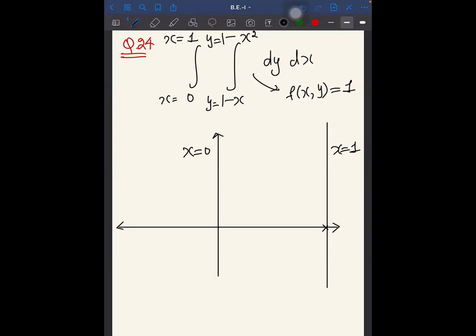Now, we want to find out this. That means this is a line which becomes x plus y is equal to 1. So that means it is in the intercept form. Let me increase the length of this axis.